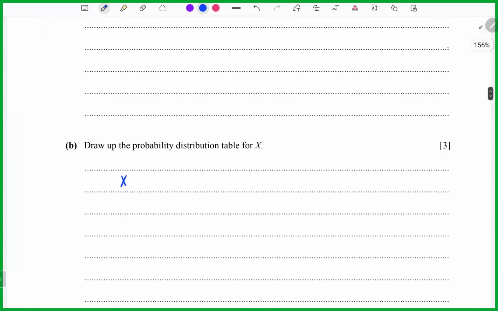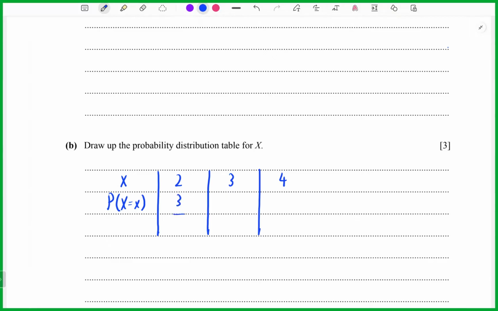So I write X here. Then I write P(X equals 2). For X here, we take 2 first, after that 3, going on to 4, because 4 is already the maximum.